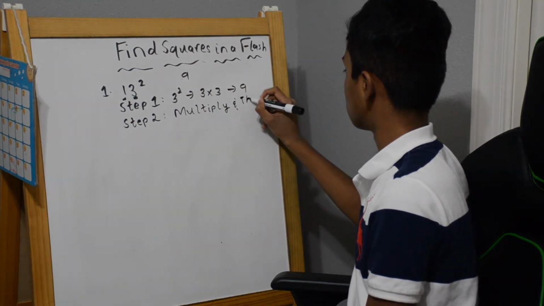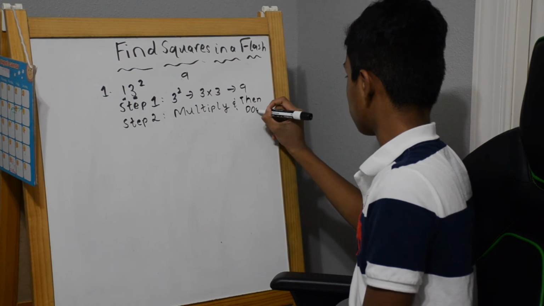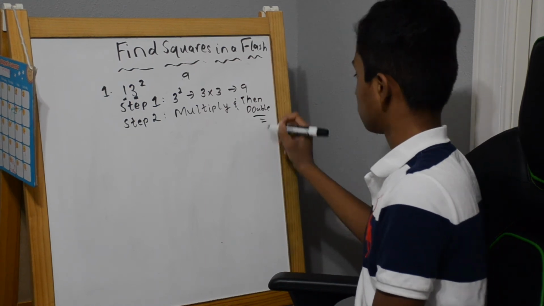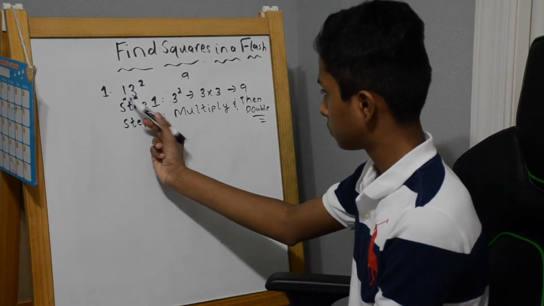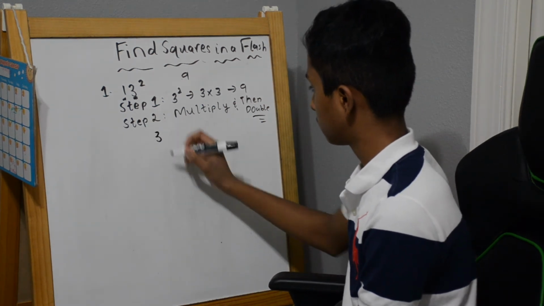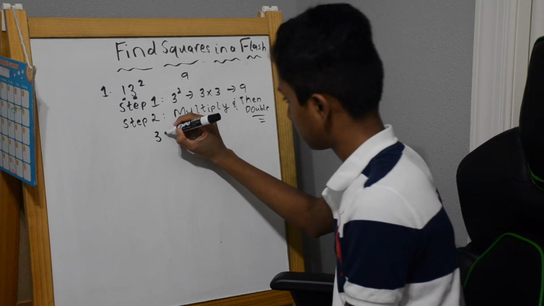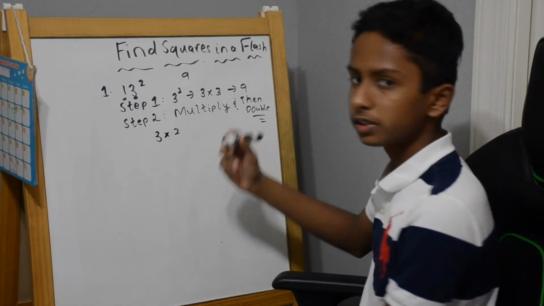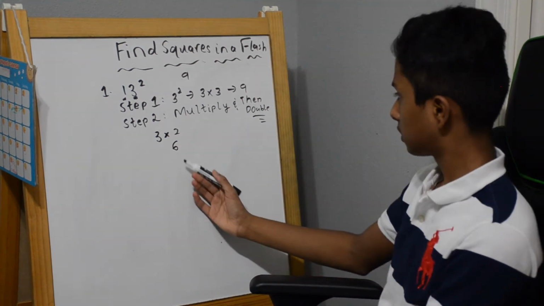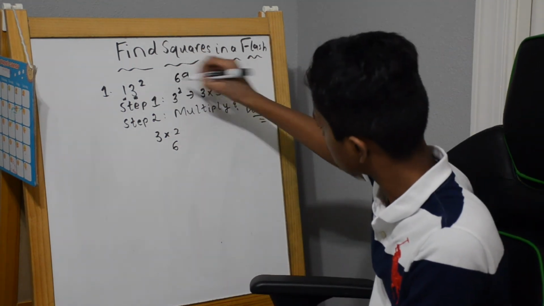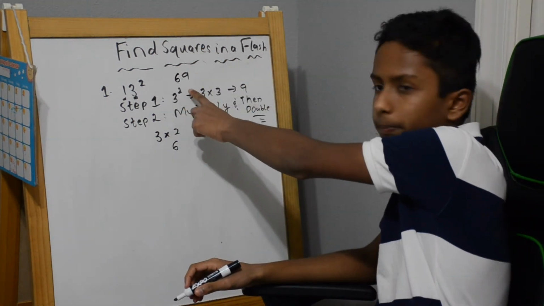Watch out for the doubling. You have to double after you multiply. So 3 times 1 is 3. 3 times 2, so that double means you have to multiply by 2, and that's 6. So you got 6 here, and that goes right there.